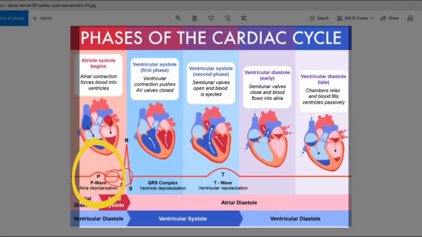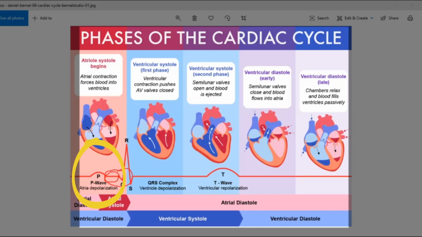If this P wave is not organized, is not on time, is bizarre, all over the place, right? Then what we have is not enough blood filling up in the ventricles. And later on, you'll get to find out why that is important.